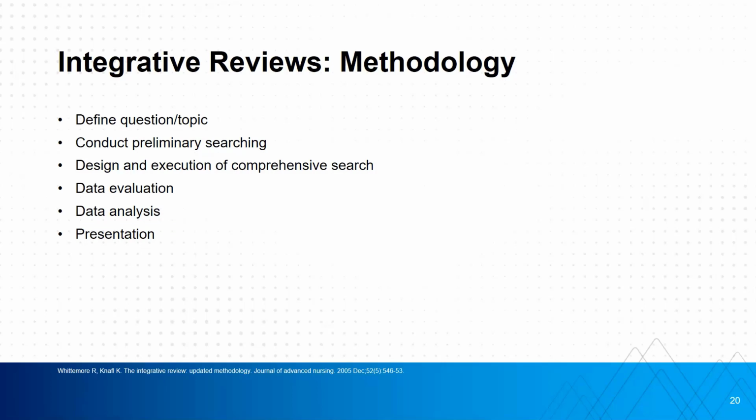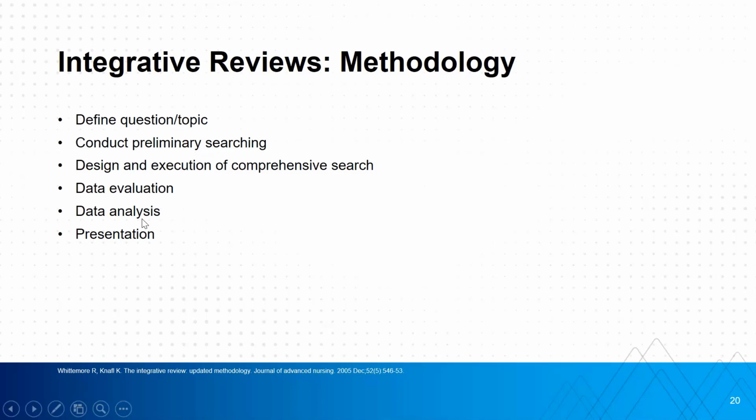So if you're looking at a lot of theoretical literature, for example, it might be useful to use a sampling frame that's been used in historical research. And that can inform the type of analysis you're going to do. Or you might need a couple of different tools if you're looking at empirical research and non-empirical research.